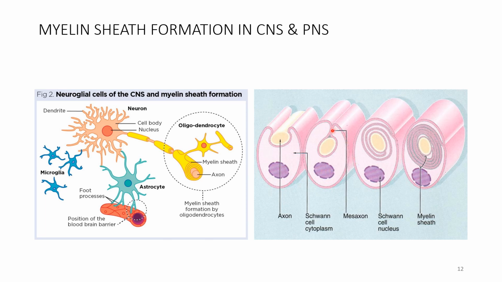Then it forms a mesoaxon. Then this mesoaxon makes several turns around the axon. You see here, this is the mesoaxon. It takes several turns around the axon and forms the myelin sheath.